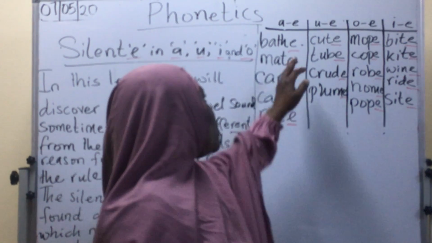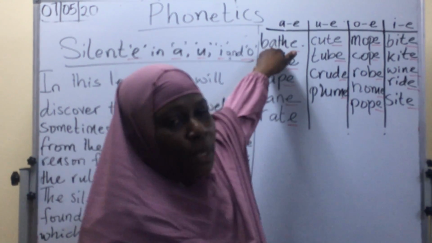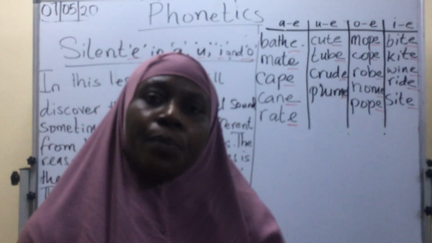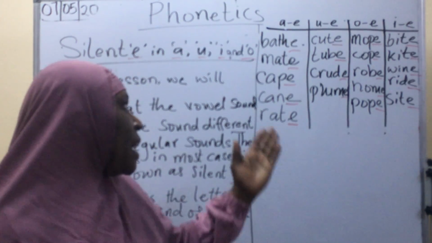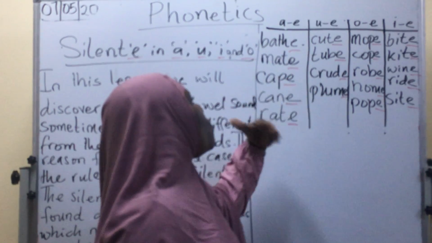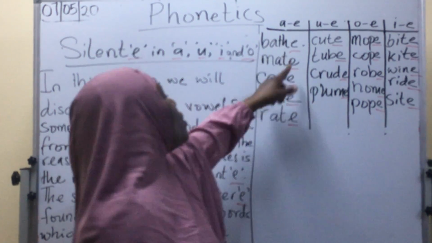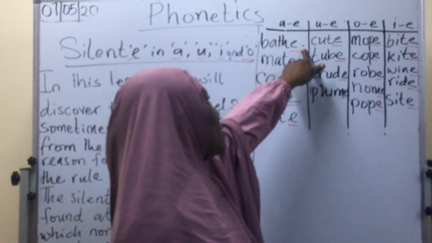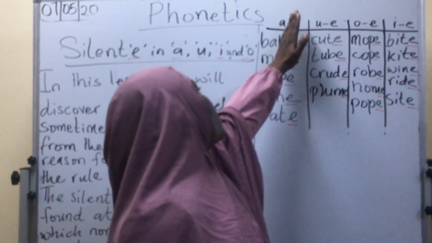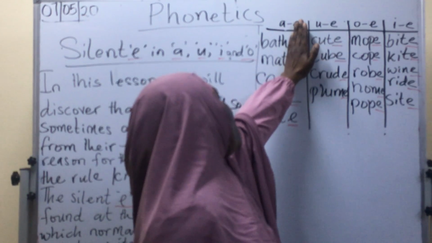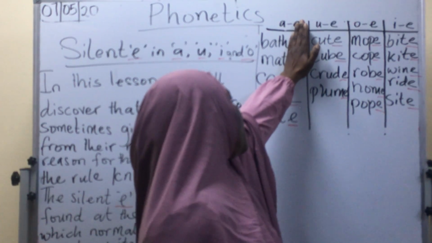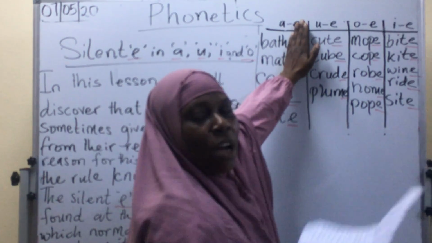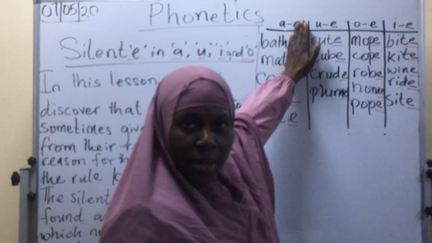If we remember, what is the name of this letter, if you are following us? So the name is A. So if we want to sound this now, we're going to say B-A, because of this E. But if you remove this, let's say I'm using my pen to cover it, you're going to have B-A, bath.